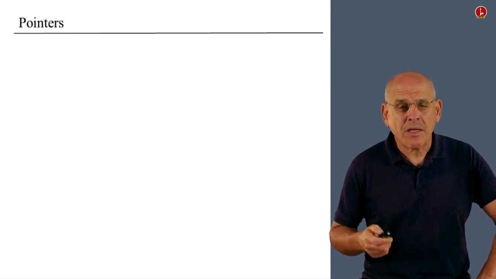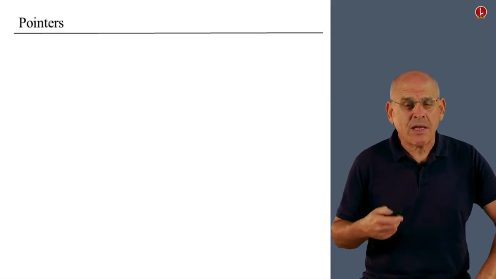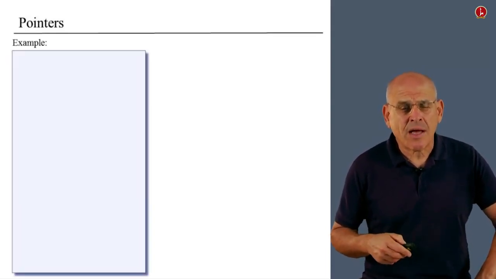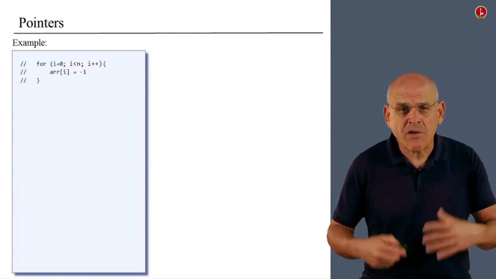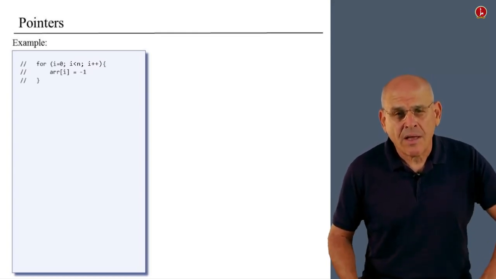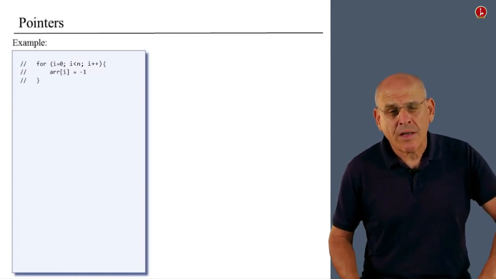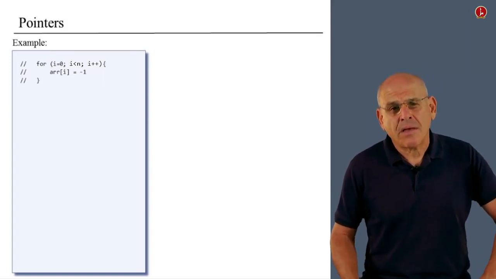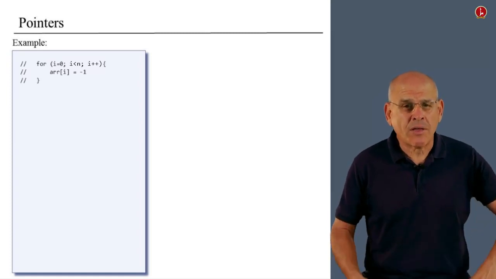As usual, I would like to start with an example in which pointers come into play. In particular, I want you to consider this very simple piece of code that many of you have written, at least those of you who took programming courses before Nand to Tetris. In this code segment, I manipulate an array called ARR.